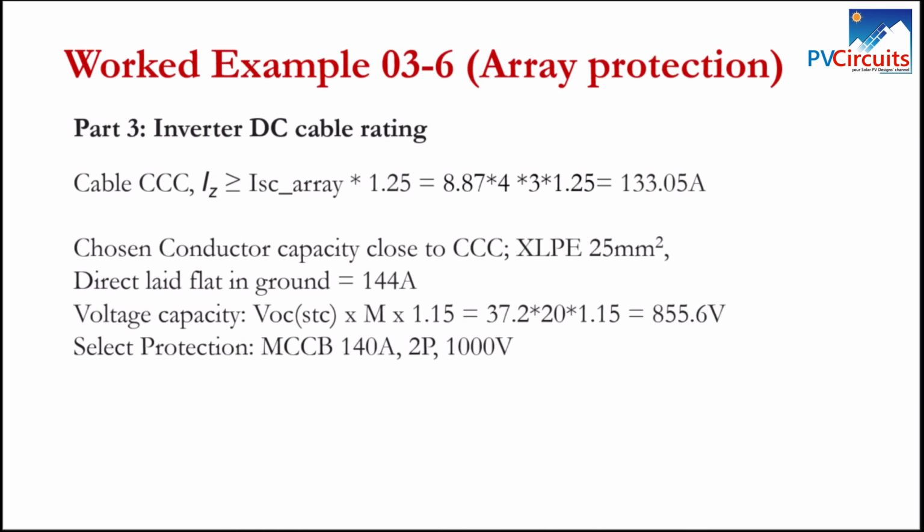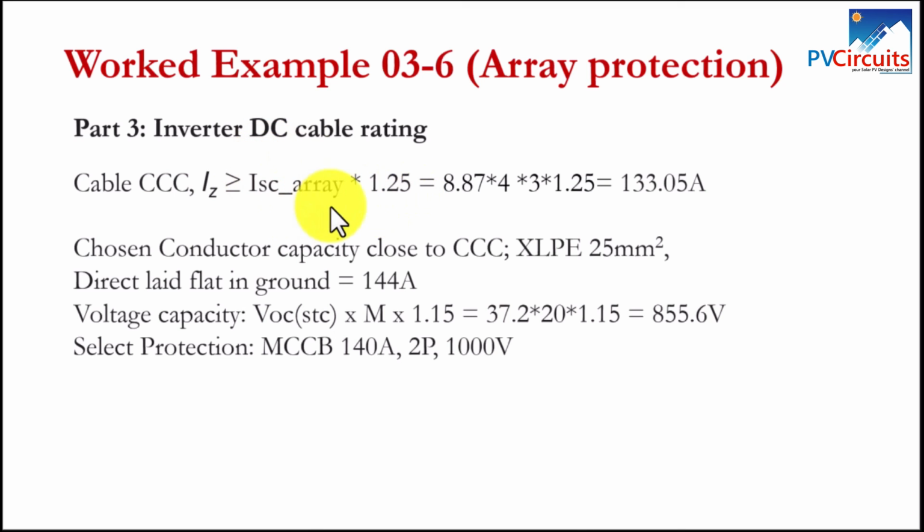So we move on to rate the main inverter DC cable, and this cable should be rated according to the following equation: the current carrying capacity should be equal to the sub-array currents times 1.25.